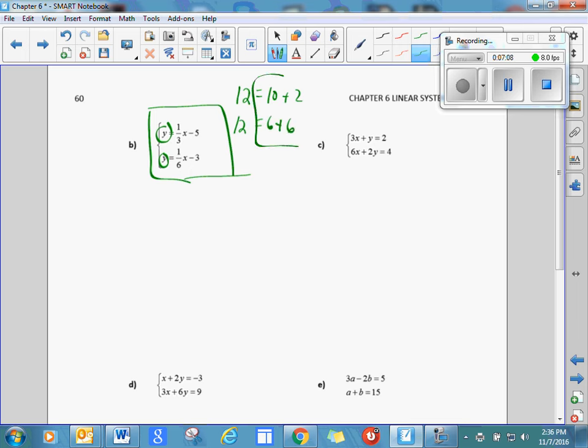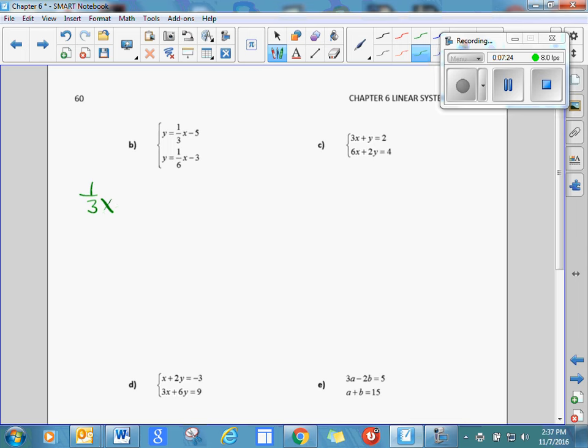Well, that also means that 10 plus 2 is equal to 6 plus 6, because both of these equal the same thing. So I'm going to use that idea with these, and I'm going to say, okay, 1/3 x minus 5 equals his partner down here, because they both equal y.